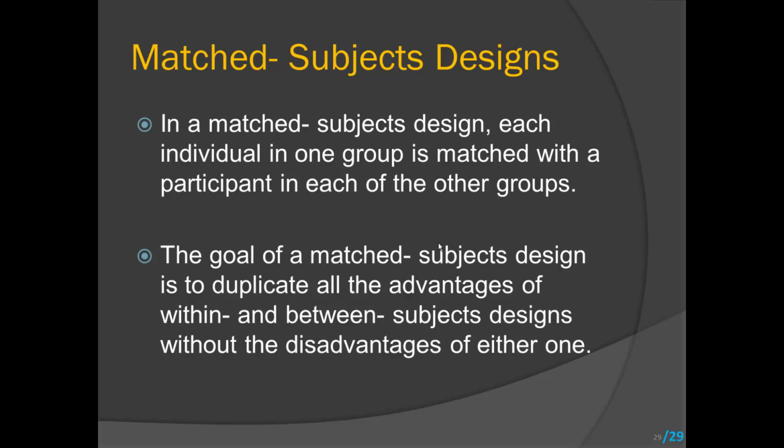So instead of having totally different groups in between subjects, we match the 2 groups in terms of a few variables that we are worried about, and then we have 2 equivalent groups to compare. So the groups are comparable and we don't have the carryover or the order effect. That's a solution that we can use in situations where it's possible to match subjects based on a specific variable.